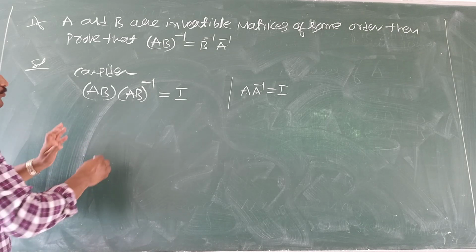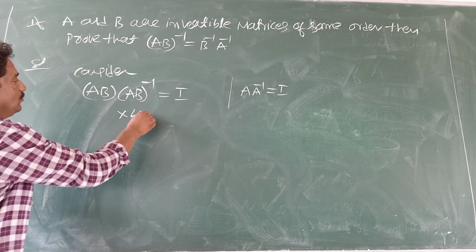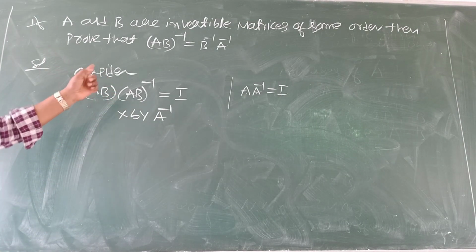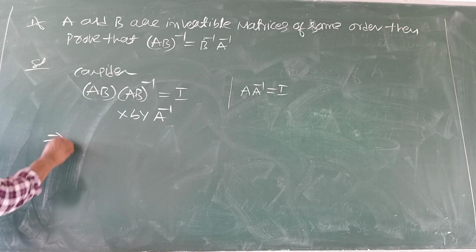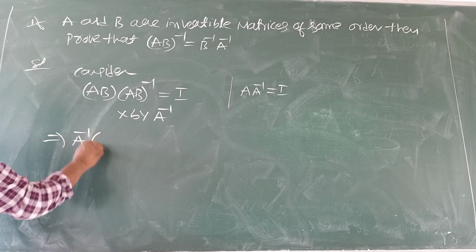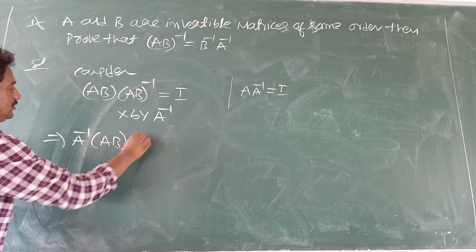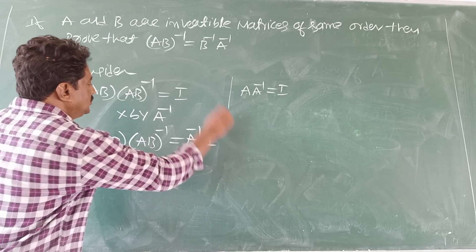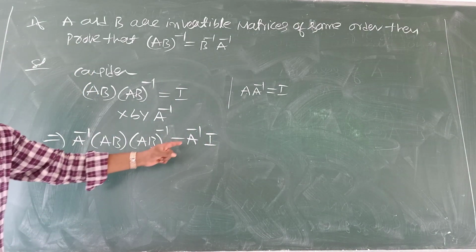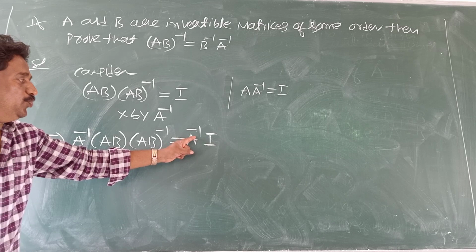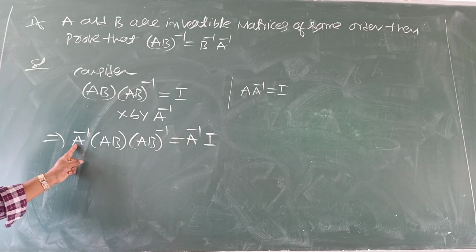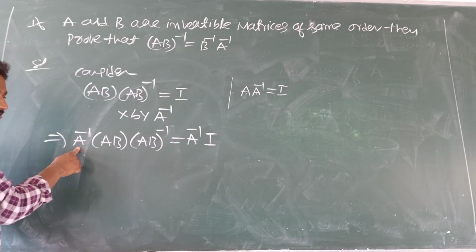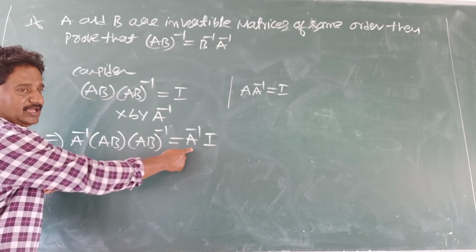Now, first you multiply both sides by A inverse. That implies A inverse AB (AB) inverse is equal to A inverse into I. You see, I multiplied both sides by A inverse: on the left side I have written A inverse, and on the right side also I have written A inverse.